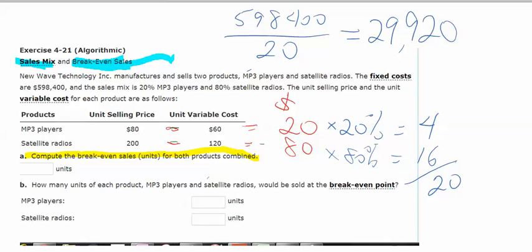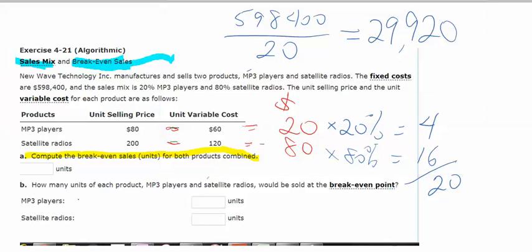The next portion of this question, B, says how many units of each, MP3 players and satellite radios, would be sold at the break-even point. Well, again, we're going to use our ratio, and we'll take the number of units here, 29,920, multiplied by the respective percentage.